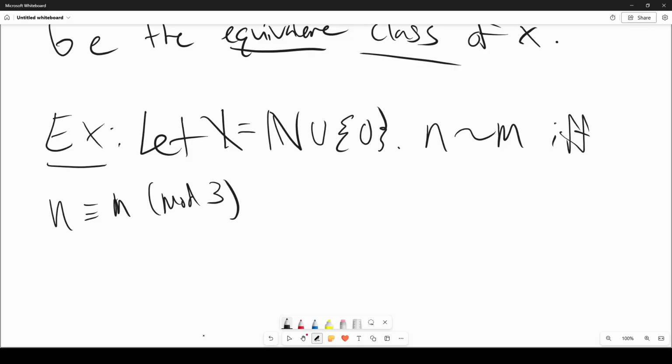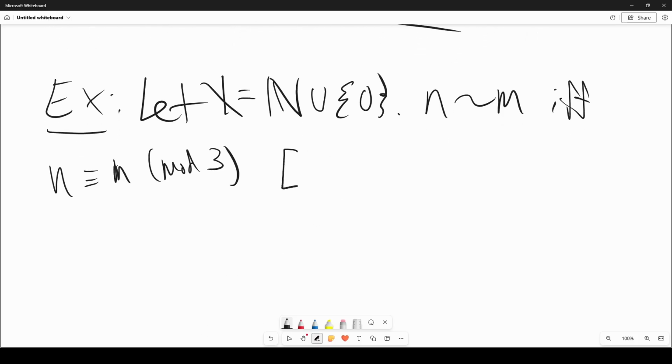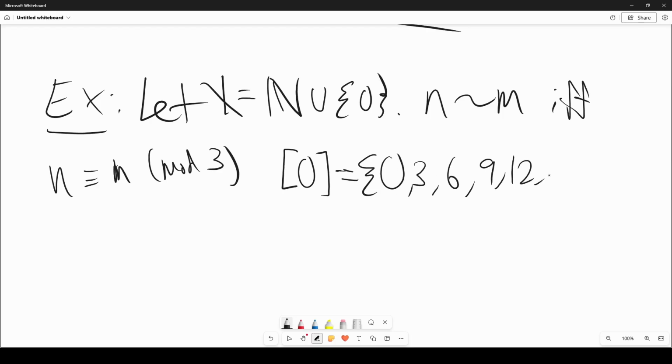So let's examine some of the equivalence classes. Let's look at the equivalence class of 0. This is going to be all those elements which are 0 mod 3. Well, I have 0, 3, 6, 9, 12, and so on and so forth. Also, you're just going to have to believe me, this is actually an equivalence relation. You can check it for yourself. We already see we have the reflexivity property, since if you take the equivalence class of something, it's got to be in there as well, so x is equivalent to x.